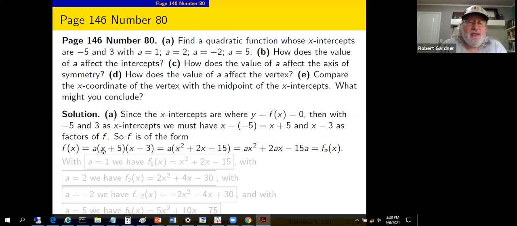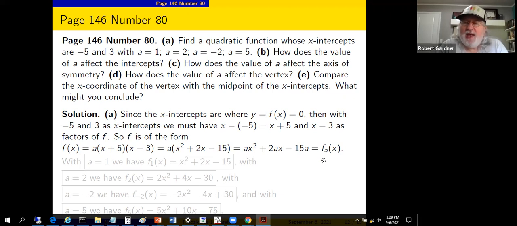So the x-intercepts are -5 and 3. The thing I don't know is what a is. We could FOIL this out and get a times x squared plus 2x minus 15. I leave it to you to do the little details on the FOIL, but by multiplying out, we could distribute the a and get ax squared plus 2ax minus 15a.